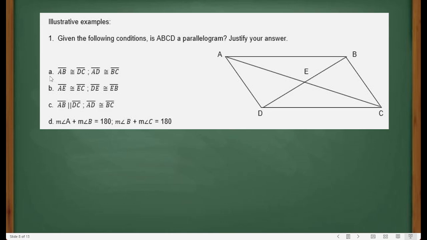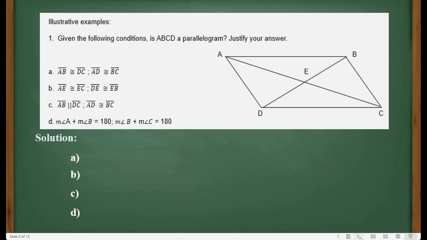Let us take letter A. From letter A, the condition is that segment AB, this one, is congruent to segment DC. And also, segment AD is congruent to segment BC. Now, with this given condition in letter A, is this quadrilateral a parallelogram?